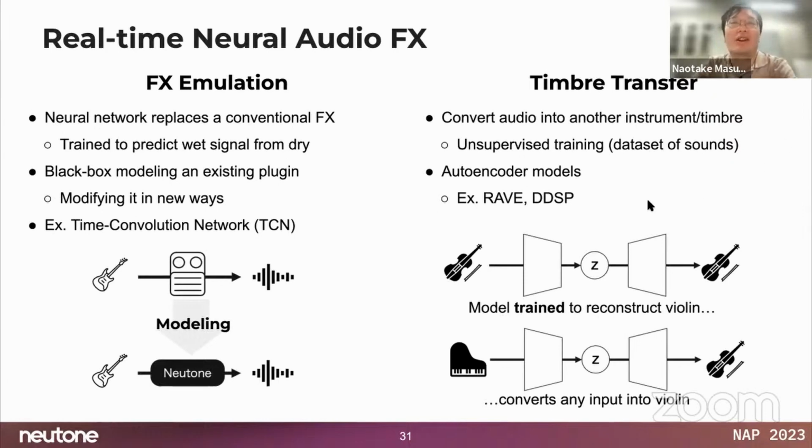That model would allow you to transfer any sound into violin, because this autoencoder is trained to reconstruct the violin sounds. The input is the violin and the output is the violin, and it compresses the information.